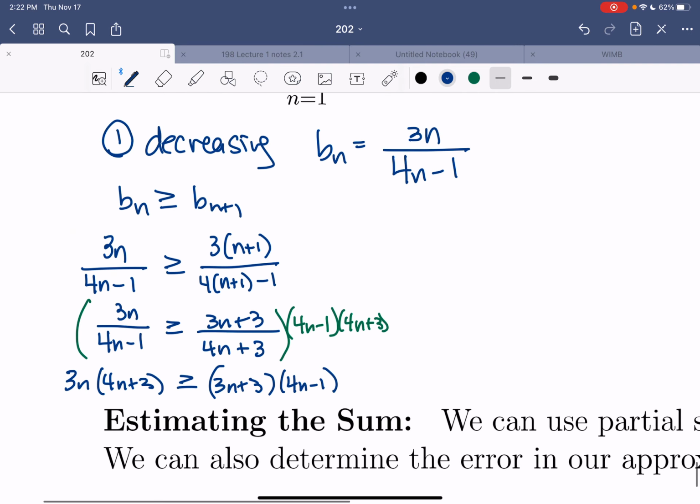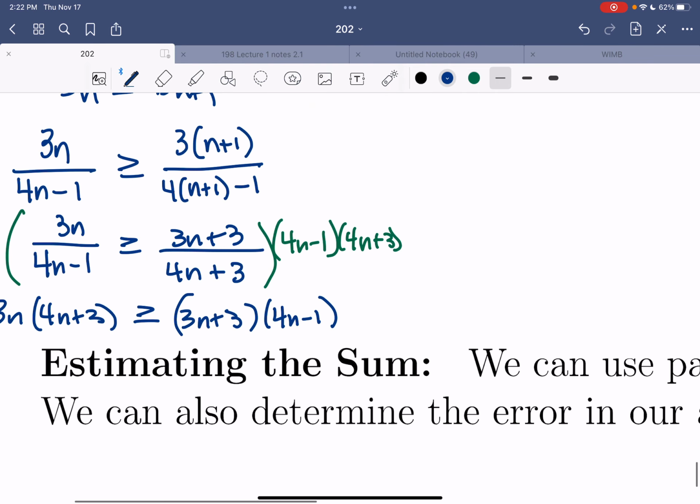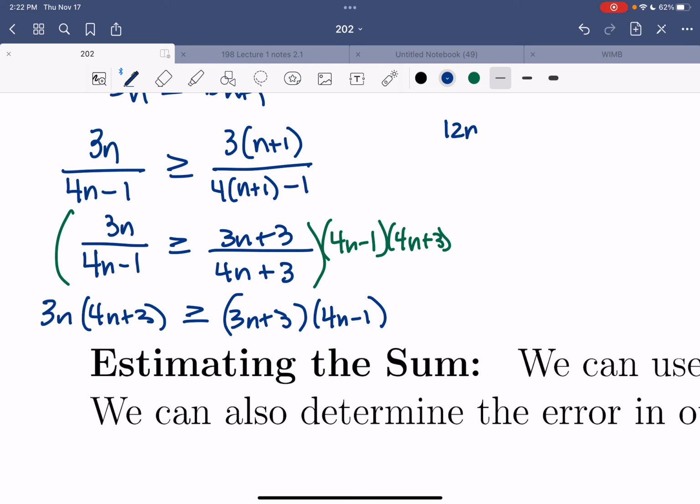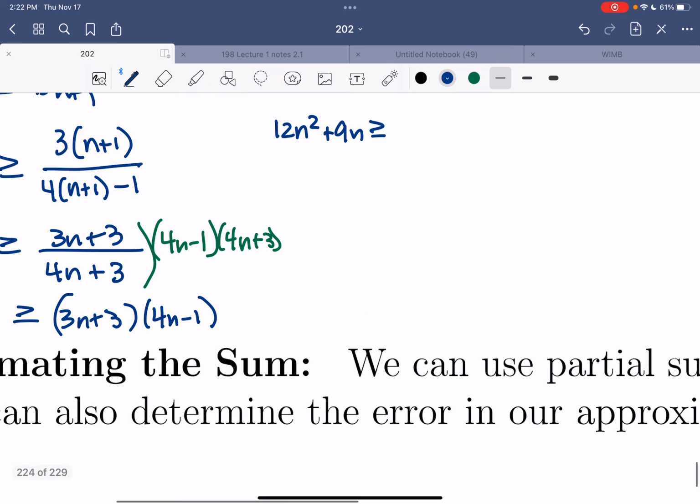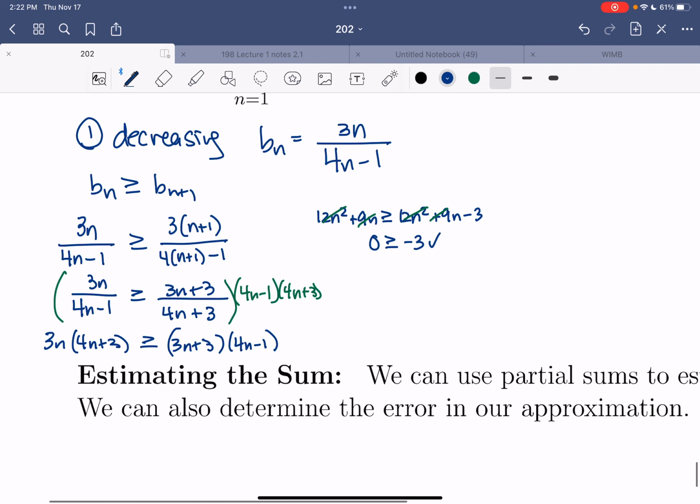If we multiply all of that out, we get 12n squared plus 9n is greater than or equal to 12n squared plus 12n minus 3n, which is 9n, minus 3. And so if you subtract the 12n squared from both sides and the 9n from both sides, you end up with 0 is greater than or equal to negative 3, which is a true statement. So we can say without doubt that this is decreasing.